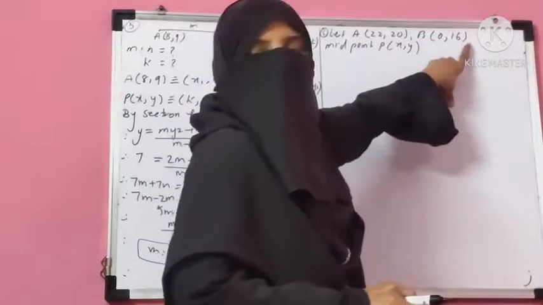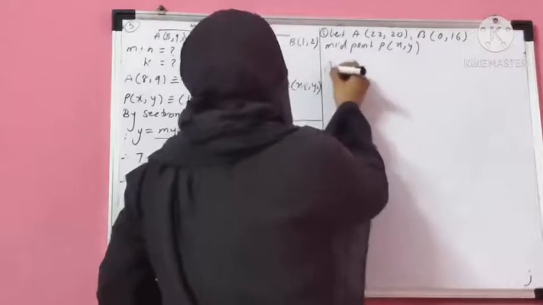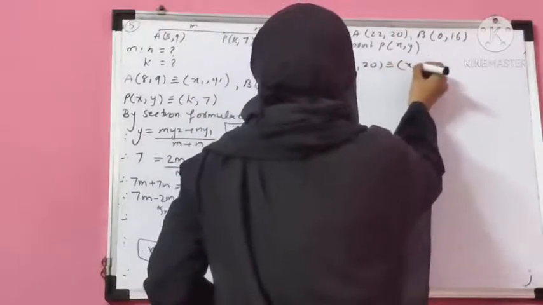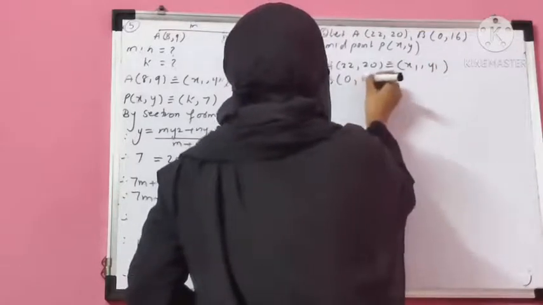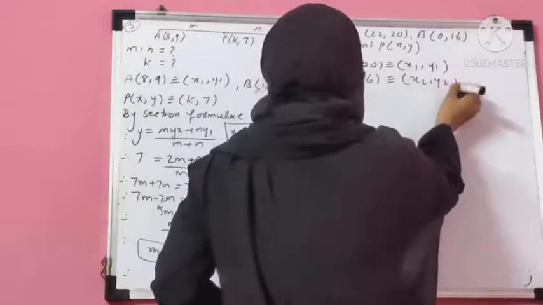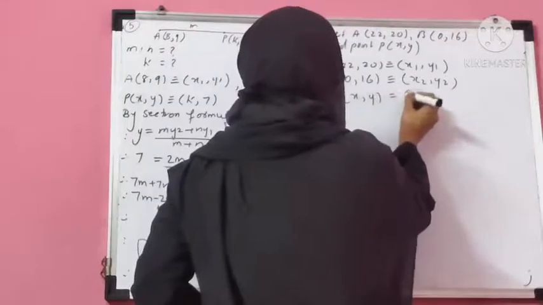The coordinate of B is nothing but x2 and y2. So here A (22, 20) is nothing but x1, y1, and B (0, 16) is nothing but x2, y2, and P is x and y that you have to find.